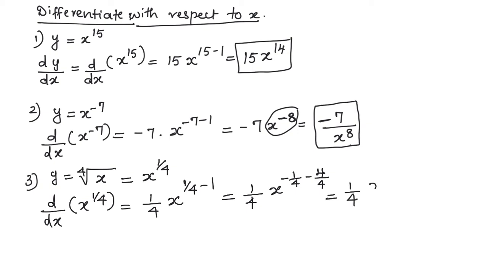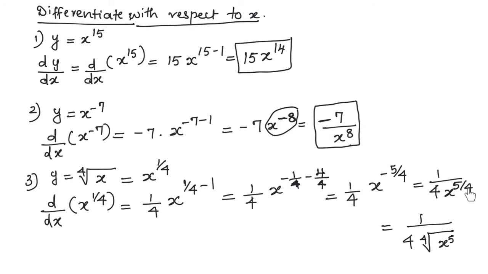So 1/4 x power negative 5 over 4. Because in order to subtract fractions, we need to make the denominator the same. Now move the term to the denominator so that the exponent will be positive. This is the same as writing 1/4 times the 4th root of x power 5. Whatever is in this denominator is the index, and this is the power that will still be the exponent.